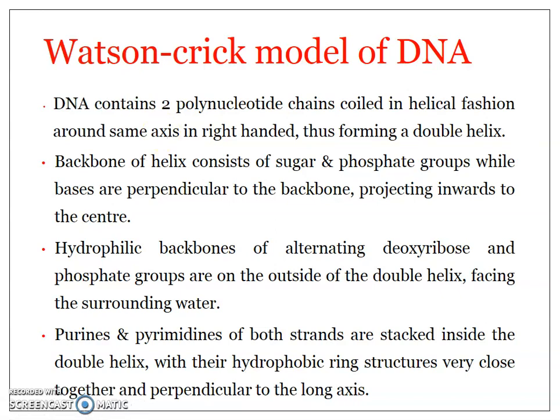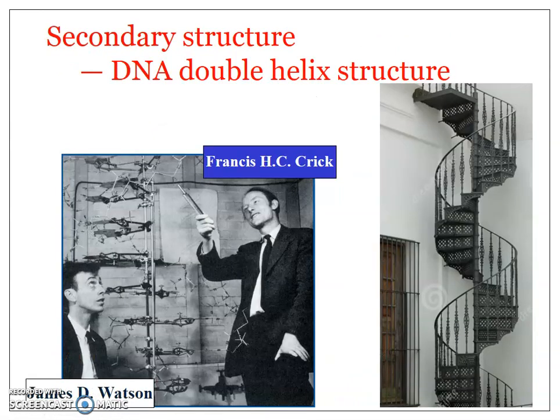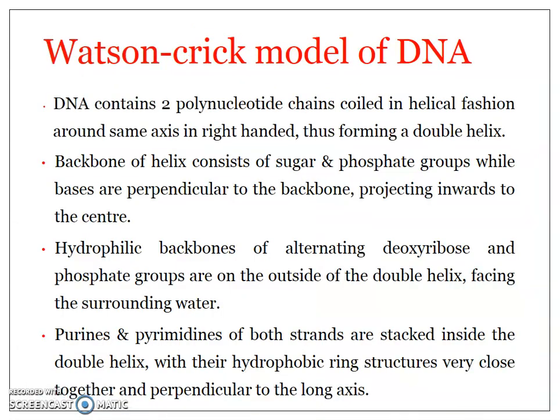So if you hold your right hand and fold your fingers, how the fingers are directed? The helical chains are wound around the axis in that particular direction. So that is how it is being arranged. Now, the backbone of the helix consists of alternating sugar and phosphate groups.